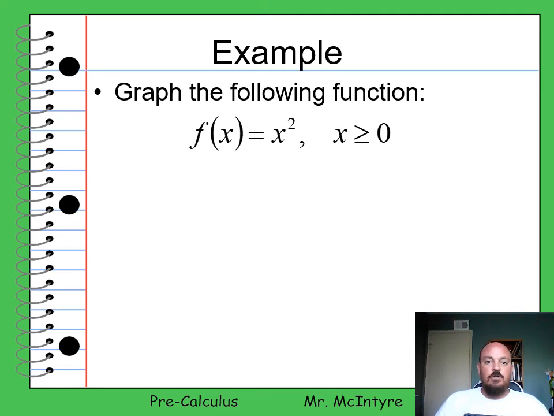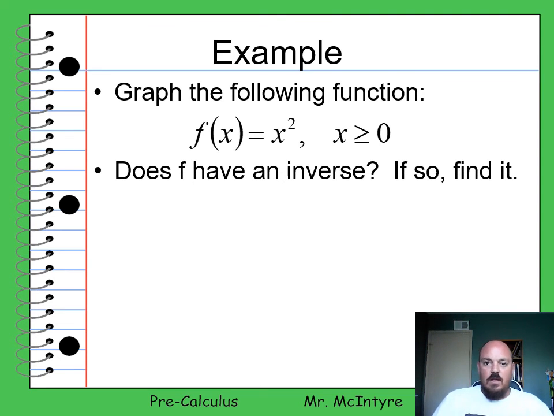So I asked you guys to graph the following function. We actually just did it. I said, does it have an inverse? If so, find it. So basically, our graph from the last slide ended up just being the right half of a parabola, which is one-to-one, and it does have an inverse.